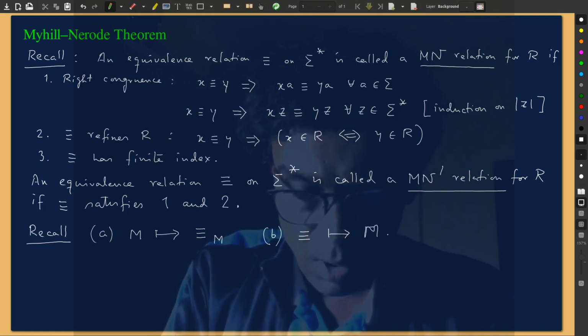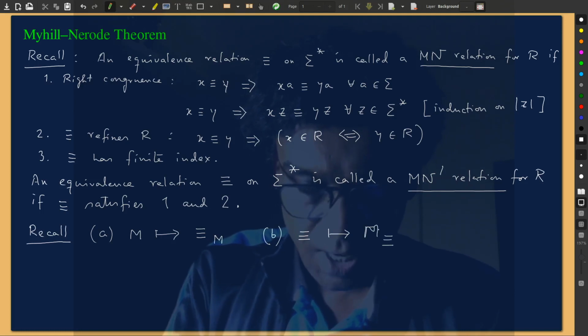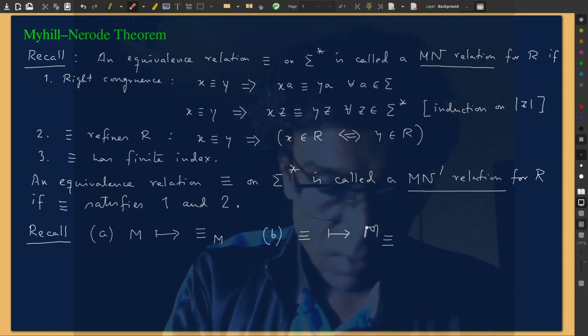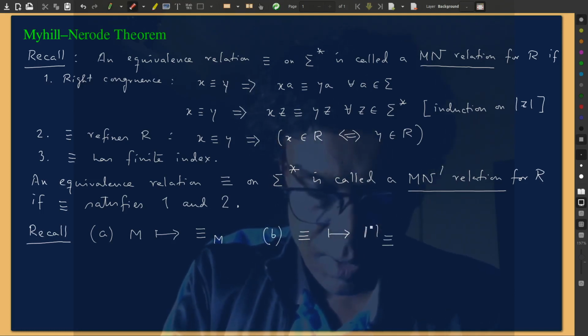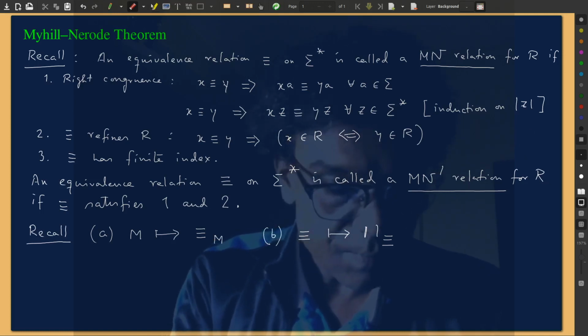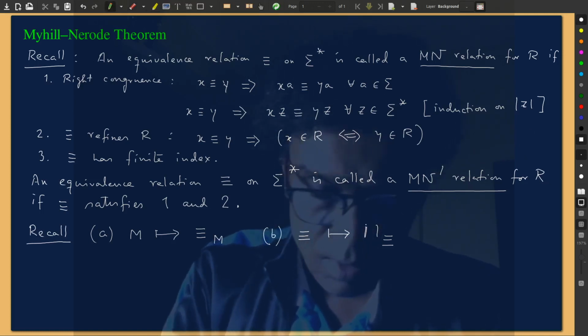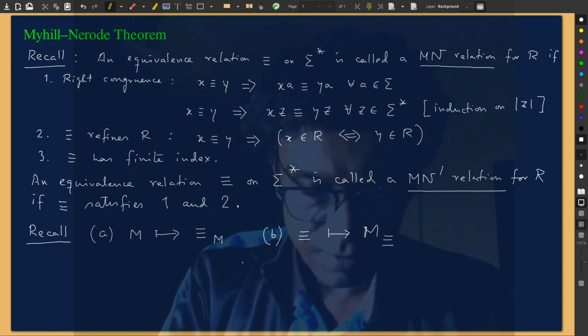M whose language is precisely this R. And we have also seen these constructions are inverses of one another.